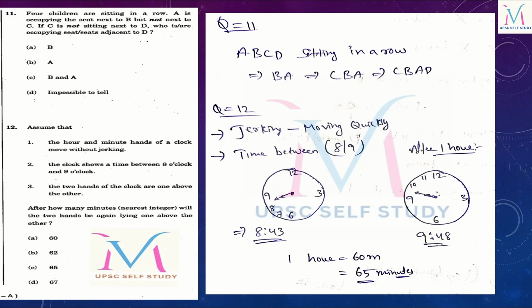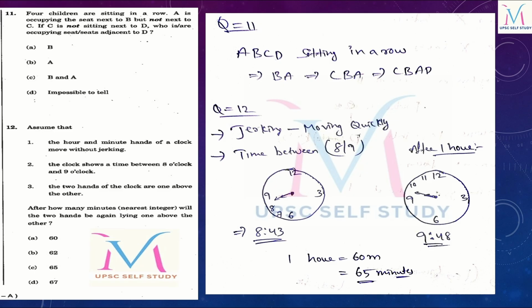A is occupying the next seat to B, but not next to C. 4 children means there are A, B, C and D. So A is beside B but not beside C. C is not sitting next to D. Who is occupying the seat adjacent to D?